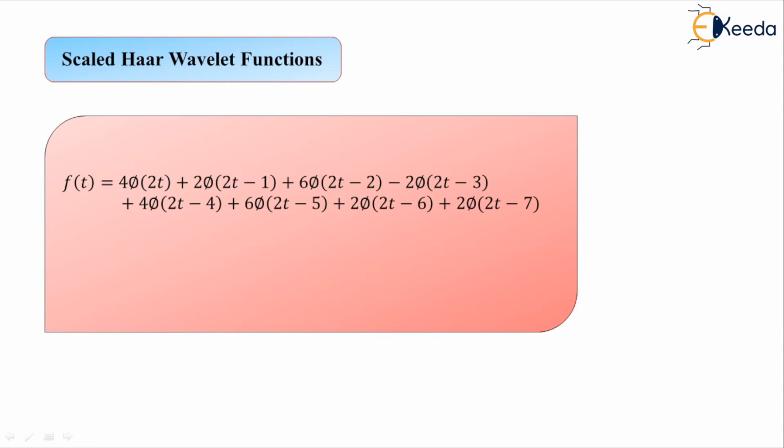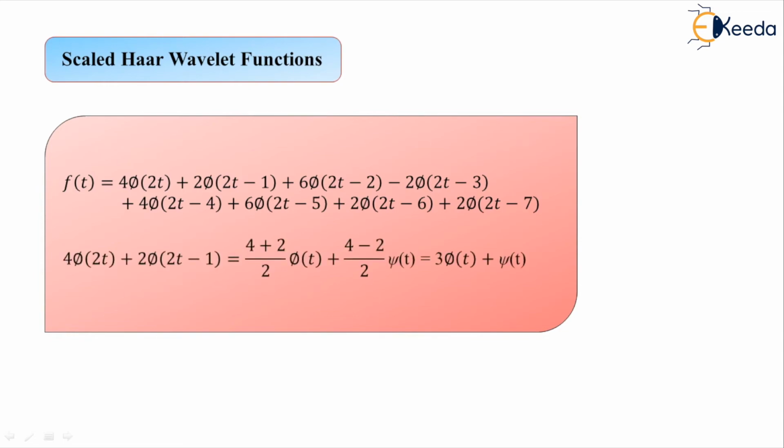So in that regard, what we have in the earlier representation, 4 times phi of 2t added by 2 times phi of 2t minus 1 can be represented as (4 plus 2) divided by 2 times phi of t, further added to (4 minus 2) divided by 2 psi of t. So phi of t is from the functional representation V0, psi of t from the functional representation W0. So in short, we have 3 times phi of t added by psi of t. Now here we have the visualization of the same with the help of the illustration.